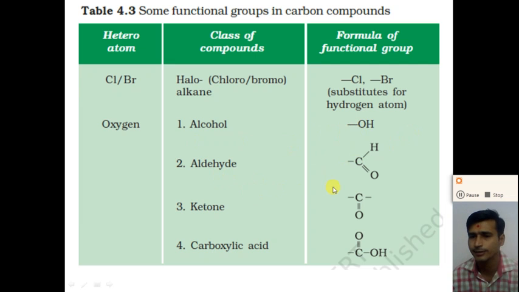Aldehyde has a formula that ends with CHO: carbon and oxygen make a covalent bond and carbon makes a single bond with hydrogen. The third functional group is ketone, whose formula is CO, right? And the fourth functional group is carboxylic acid. It ends with COOH.